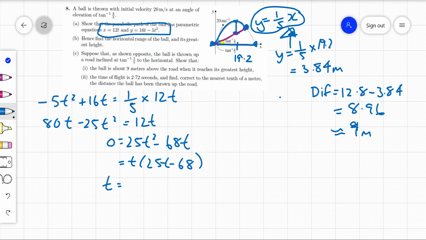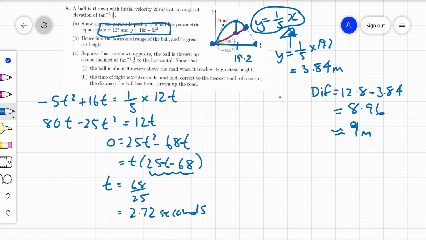That's the one we're looking for. So we're looking for the one that makes this bracket 0, which is 68 on 25. So that's going to be 2.72 seconds. All right, so we know that the time of flight is 2.72 seconds.